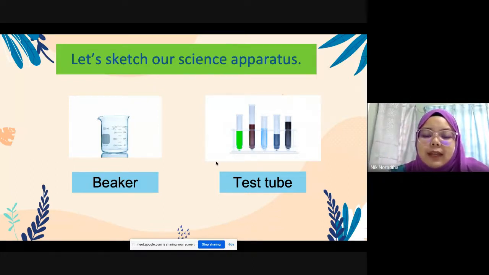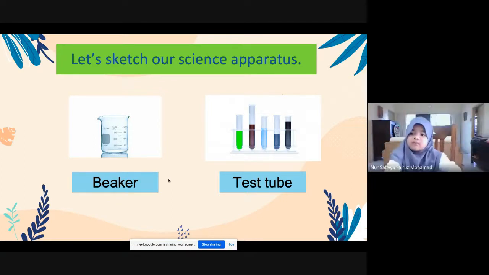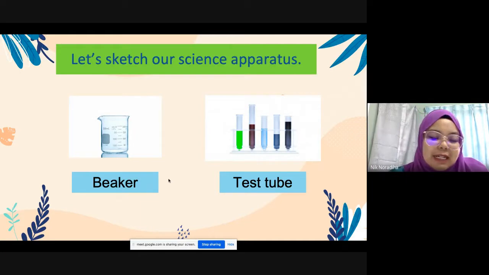Okay. Safia, can Safia turn on the microphone? Can Safia share with teacher another science apparatus? Just now Zikri already said beaker, Hafsa already said test tube. Can Safia share the other science apparatus that we have? Magnifying glass. Good job. Thank you, Safia. Okay, Iris Rania, can you turn on the microphone?